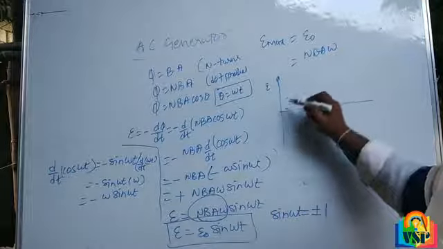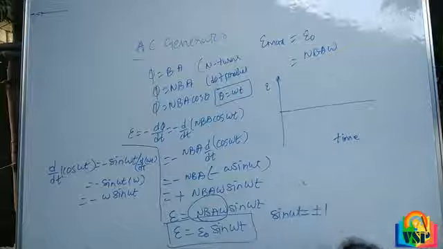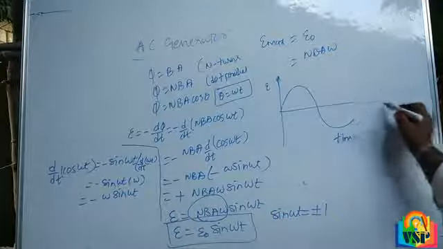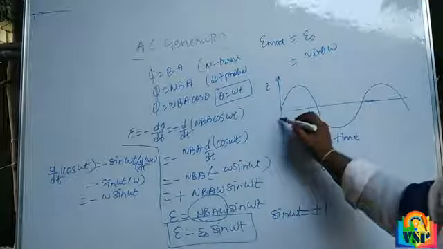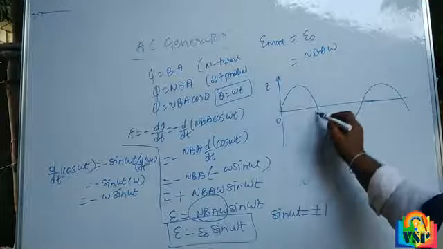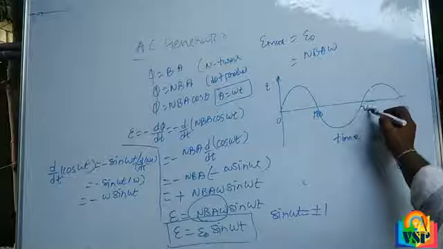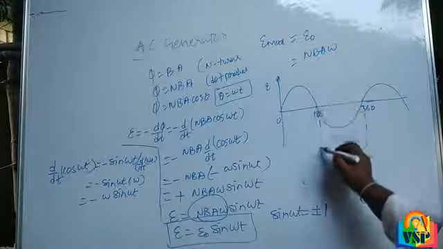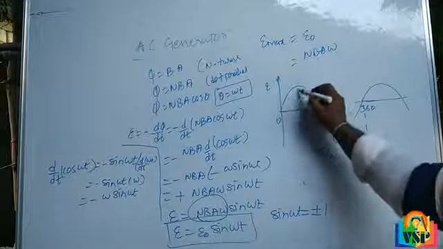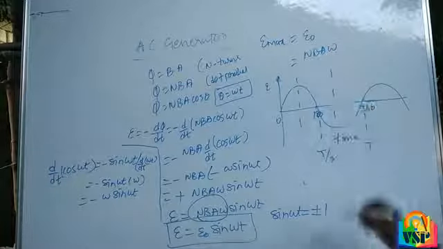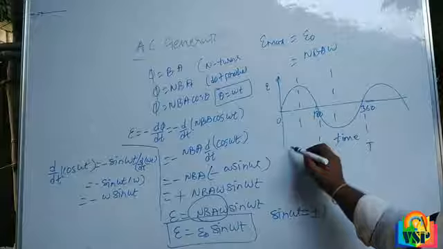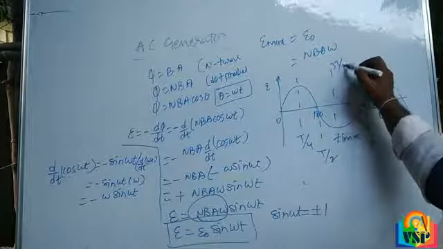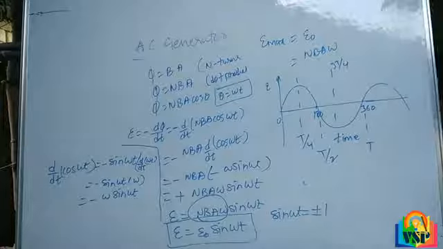Based on the sin omega t function, the graph looks like this. 0 degrees, 180 degrees, 360 degrees. Here T by 2, here T by 4, 3T by 4. Understand? This is the time period.